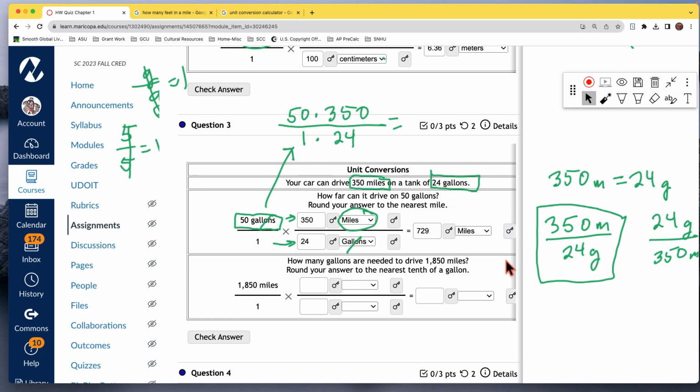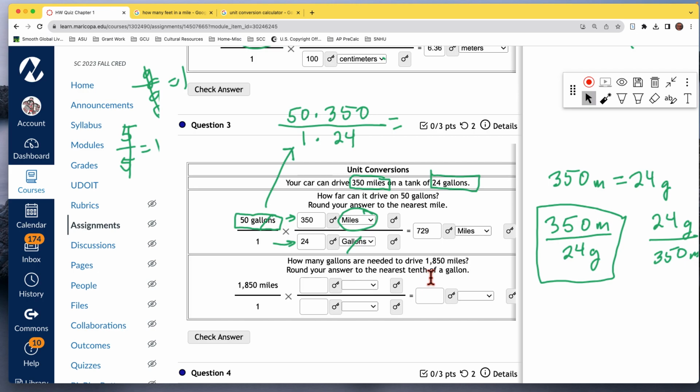So just do a check for, does it seem like it's about right? If I did the math backwards, if I did the other one, then I would actually have a much smaller number. So just do an estimate. About twice as much gas should get us about twice as far.